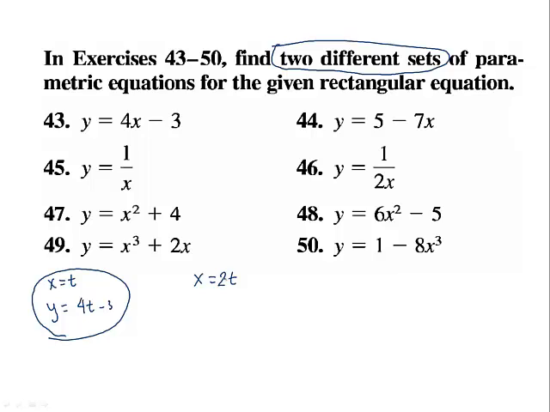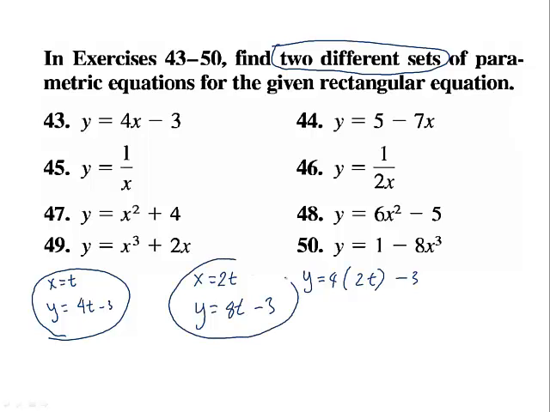So now if x is equal to 2t, all I have to do is put the 2t, the x's, in here, right? So y is equal to 4 times my x, which is 2t, minus 3, which gives me y is equal to 8t minus 3. This is my second set. See, that's not that bad, right?